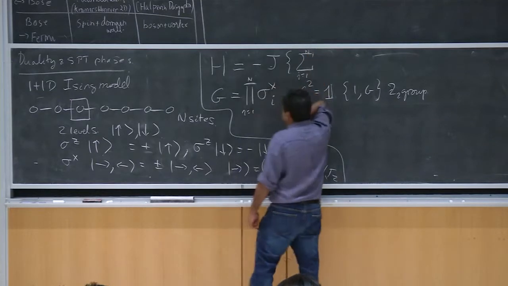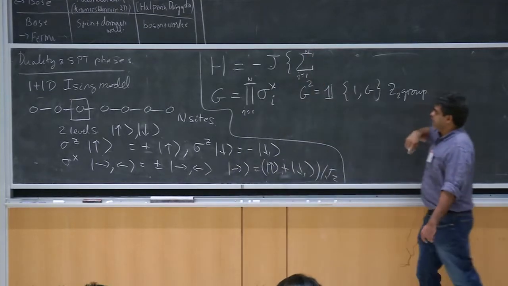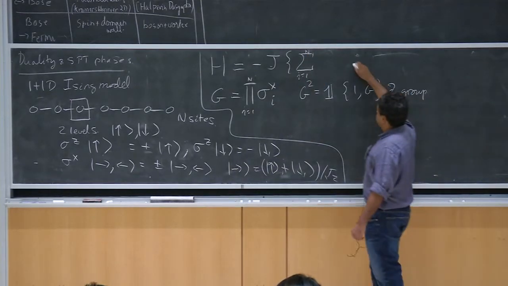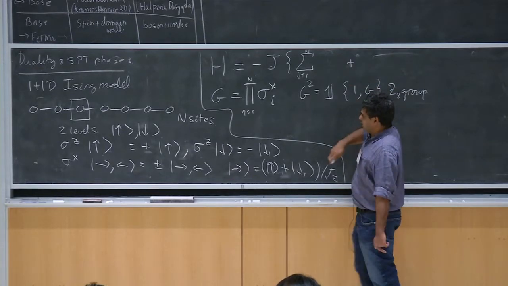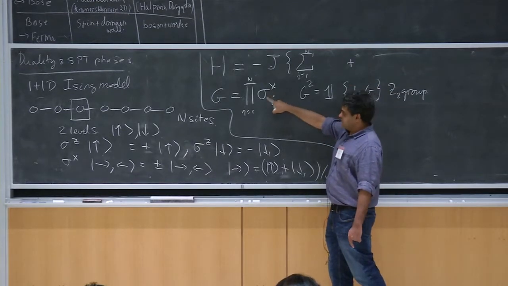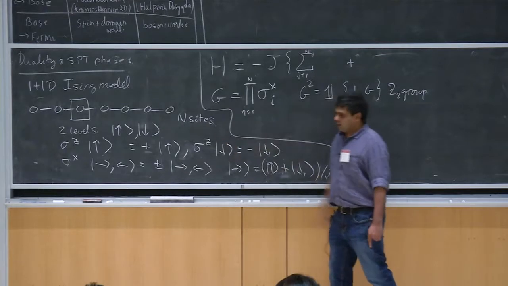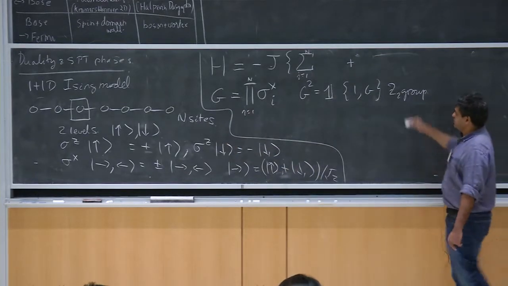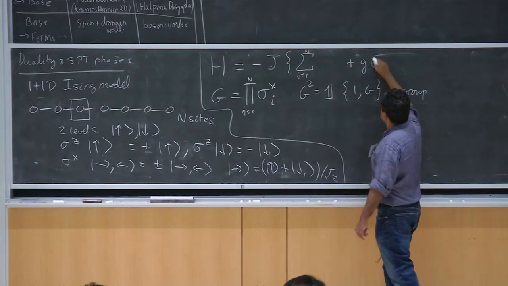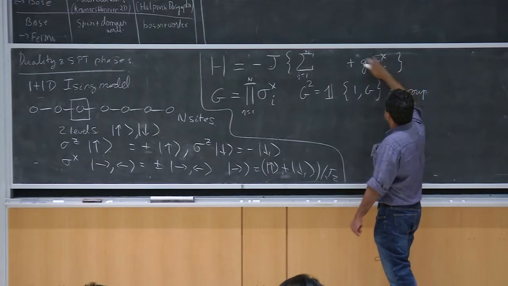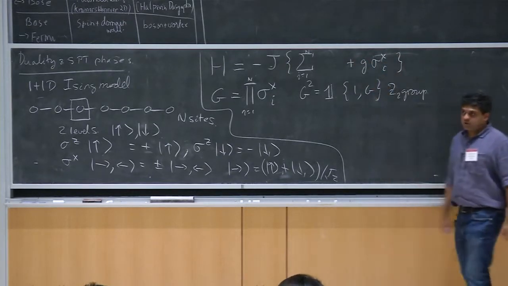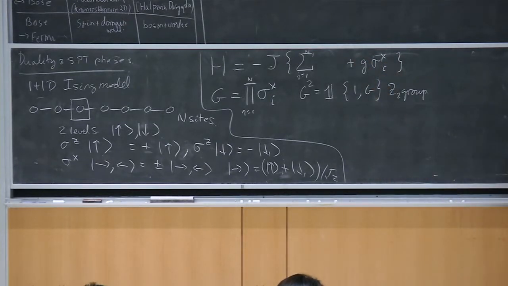So we want some symmetric kind of coupling. So of course, I can take sigma x. Sigma x itself commutes with G. It doesn't distinguish up and down spins, so you can always have a term that's sigma x. But I also want something that talks to the sigma z's.